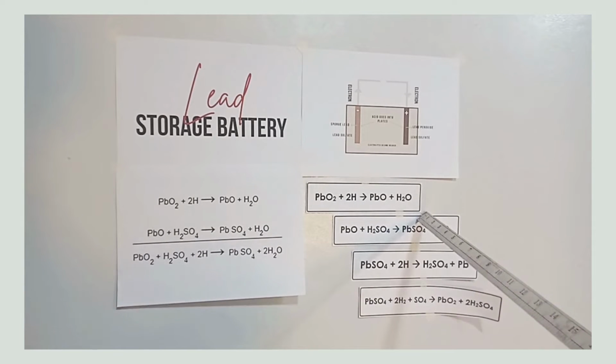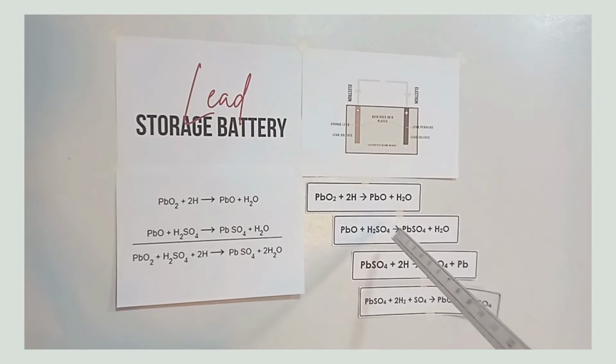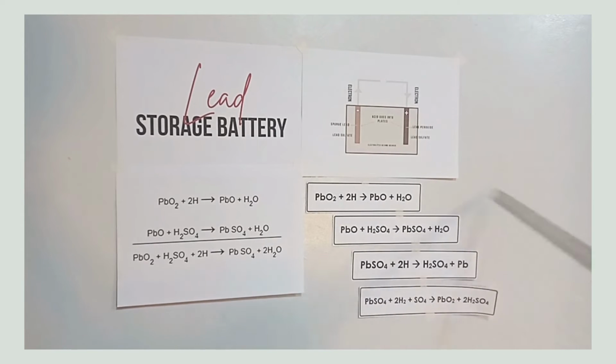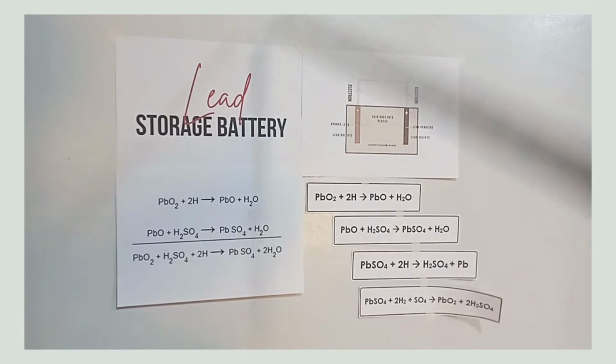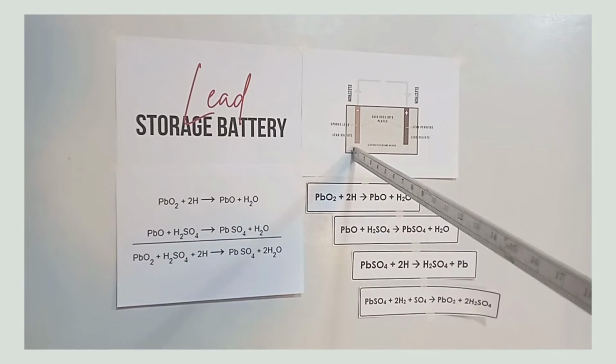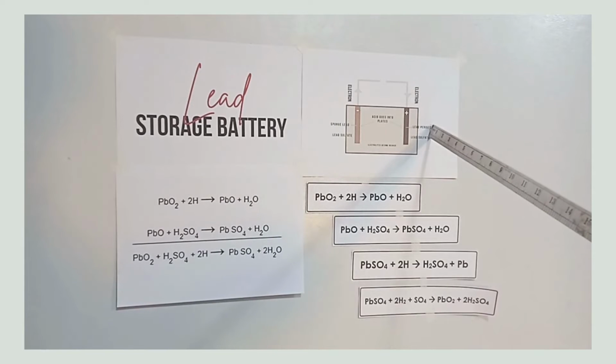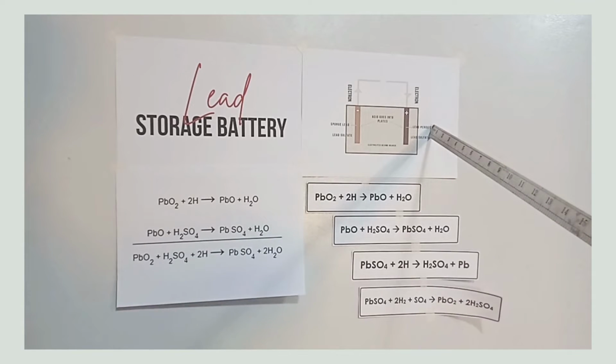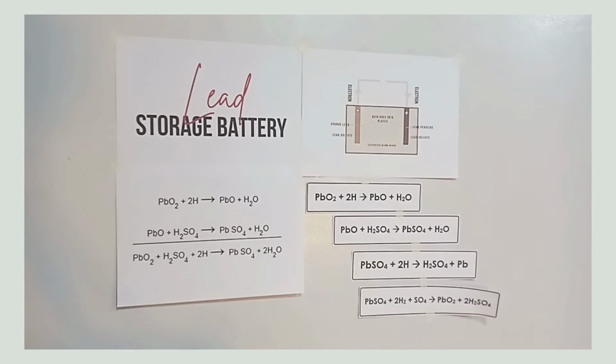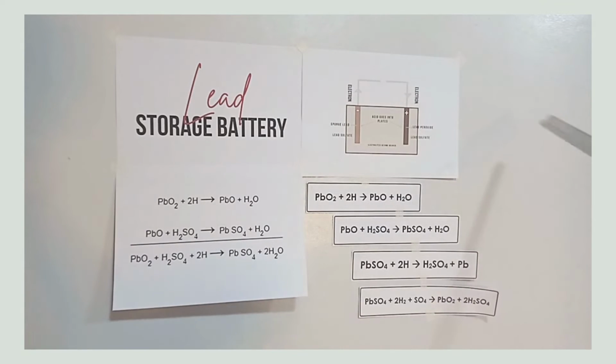This lead oxide reacts with the sulfuric acid and forms lead sulfate and water. The negative sulfate ion moves freely in the solution, and some will reach the pure lead plate, wherein they give up the extra electron and become radical sulfate. It will react with pure lead and will form lead sulfate.